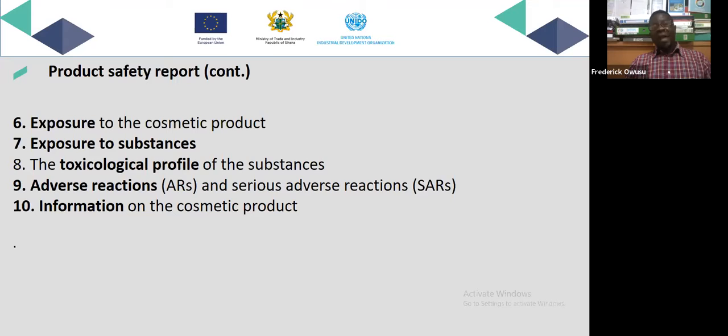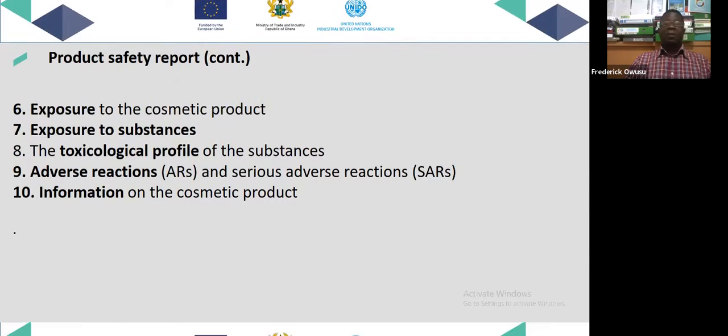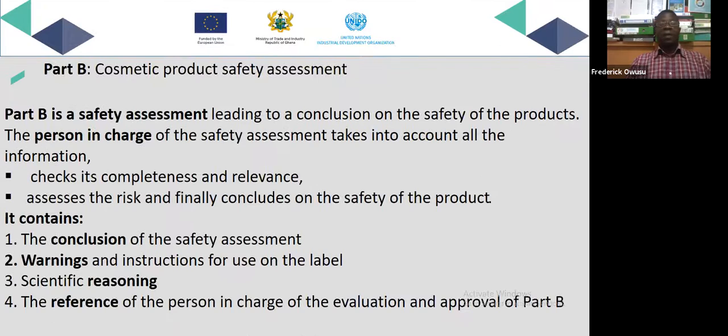The adverse reaction, the ARs, and the serious adverse reaction, the SARs, should all be in the part of your product information file. That is the product safety report, and any other information on the cosmetic product itself. It's your own formulation, so you should have enough information to educate the end user.